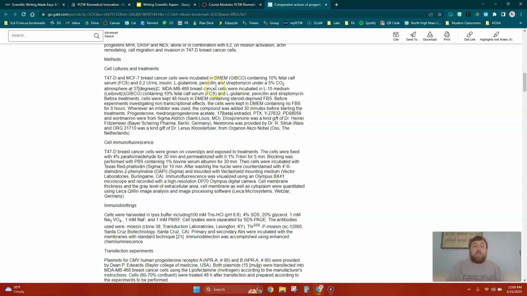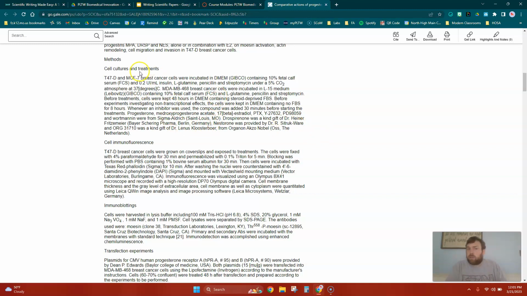So if you have specific things that we used for cell culture, like specific strains of yeast or specific E. coli strains or something like that, you could list it in the section that you're talking about your procedure.